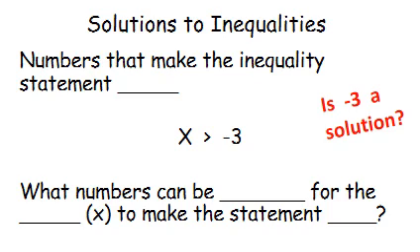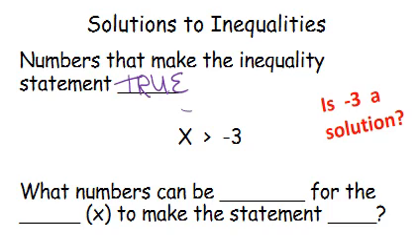Okay, now we're going to talk about solutions to inequalities. We kind of already spoke upon this. Numbers that make the inequality statement true are solutions. The inequality here says x > -3. The question is, is negative 3 a solution?